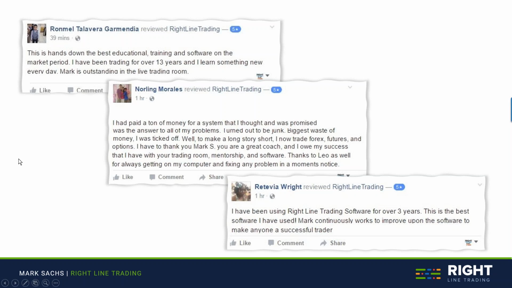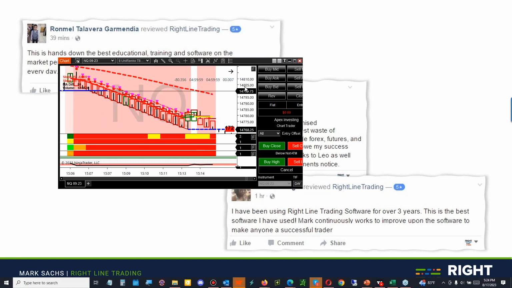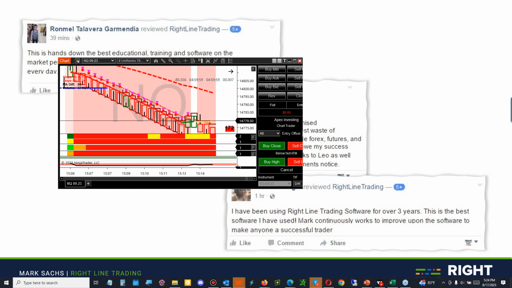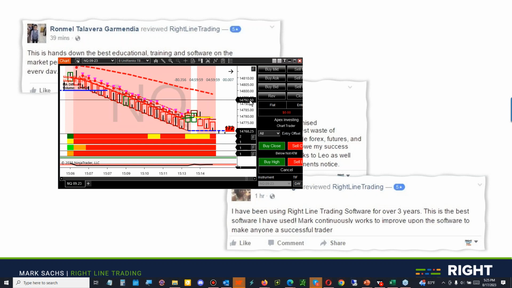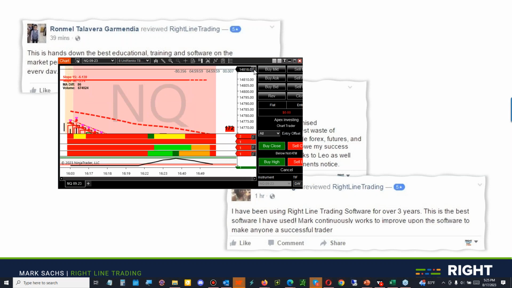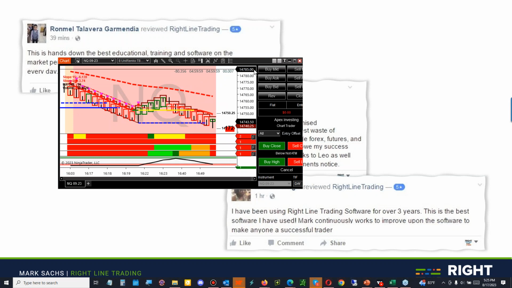And one thing I didn't show you: how do we tell with the volume? On the bottom here, it gives you a number, and every minute this number reverts back to 0. So it's telling us how many contracts are going through the market per minute.